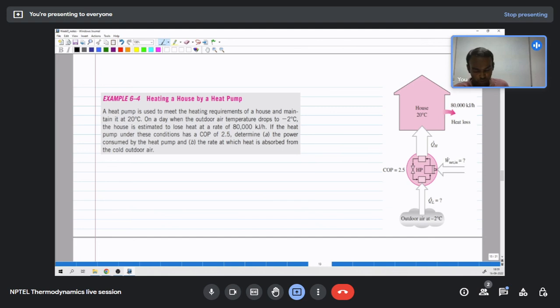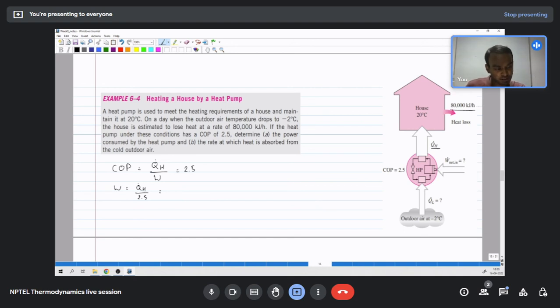Now COP for a heat pump is defined as desired output by input. Here the desired output is Q dot H and input is W. So this is 2.5, which means I can calculate W as Q dot H divided by 2.5, which is COP. Q dot H is 80,000 kilojoule per hour. The heat lost by the house is 80,000 kilojoule per hour.